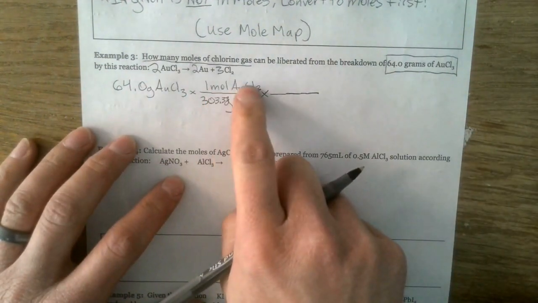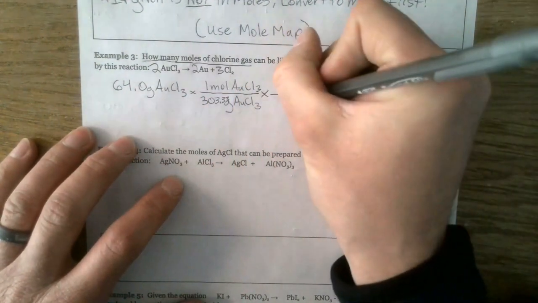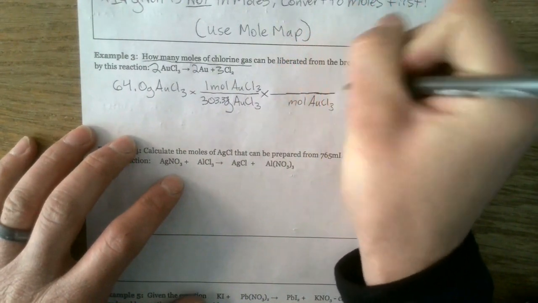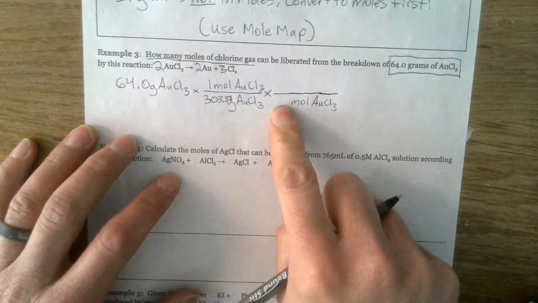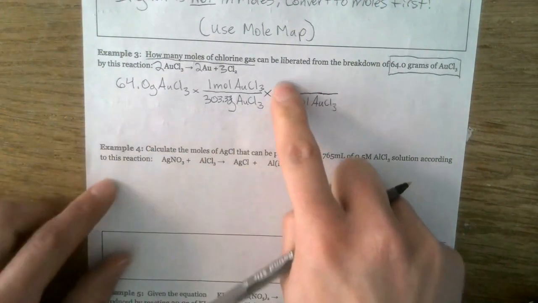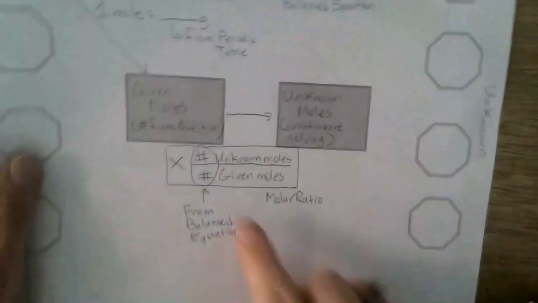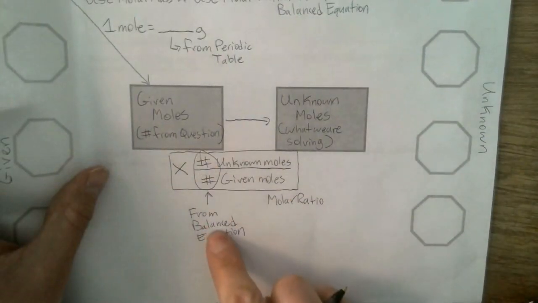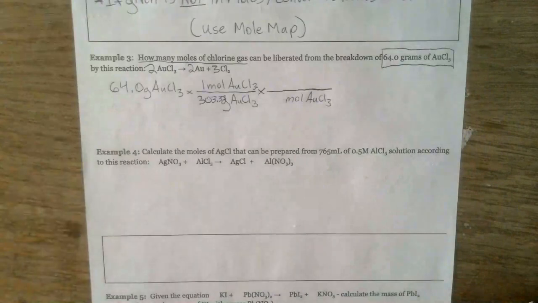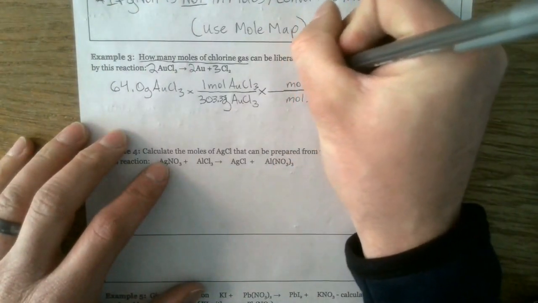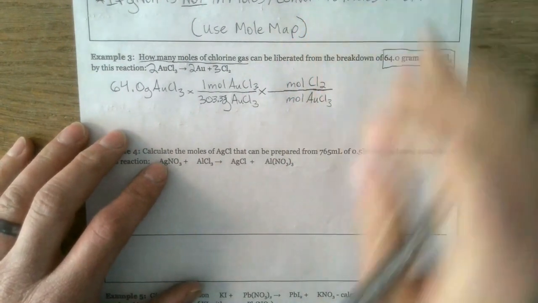Again, whatever unit we have up top needs to be the same unit down below. Notice how I didn't just write a 1 here, because this is going to come from our mole ratios. This part is from the balanced equation, so we'll look at that in a sec. We're trying to get to moles of Cl2.